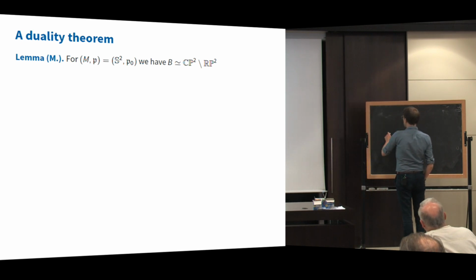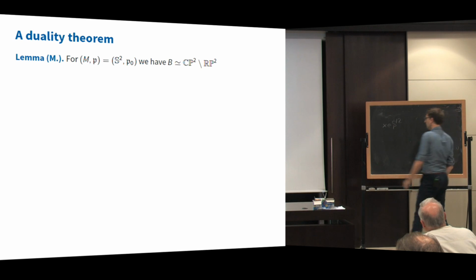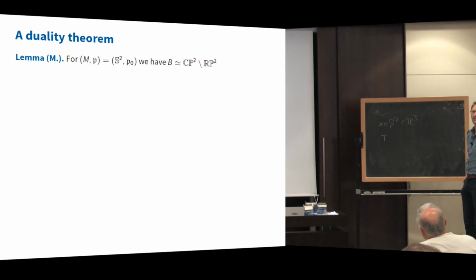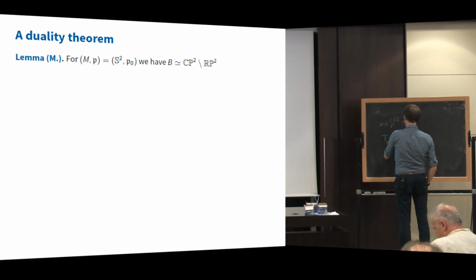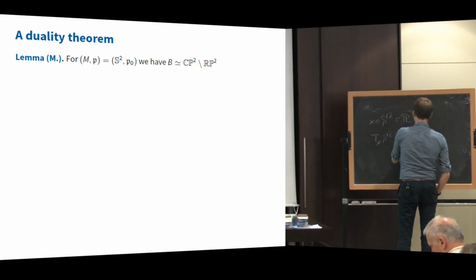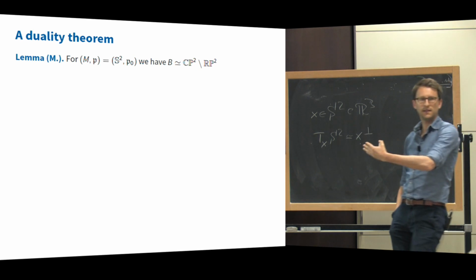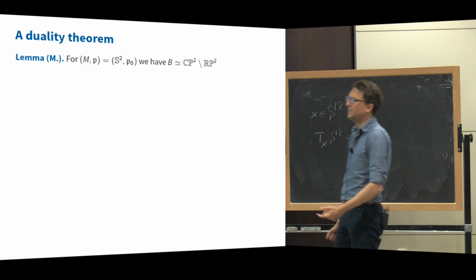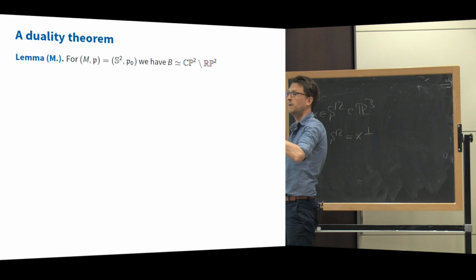So let's take some point on the sphere, which we think of as sitting inside R3. If you look at the tangent space at that point, you can think of it as the orthogonal complement of X with respect to the standard metric in R3. Right? So a point in my bundle B is just a basis up to rotation and scale.